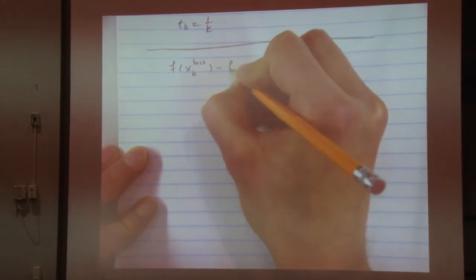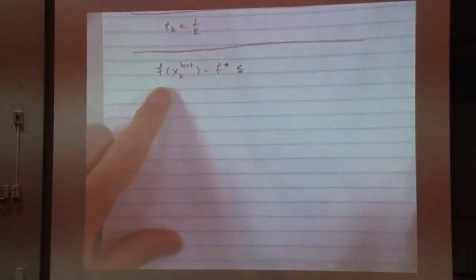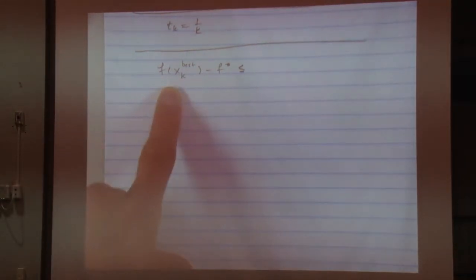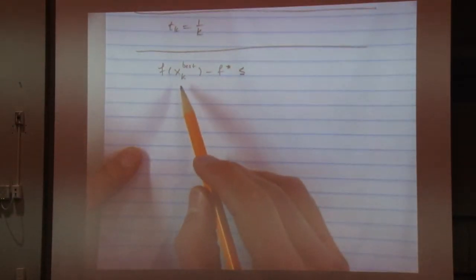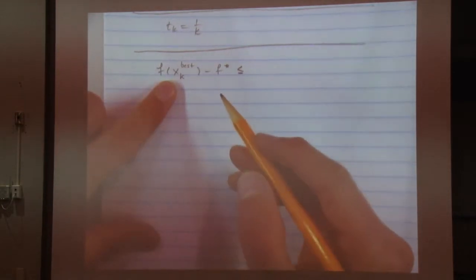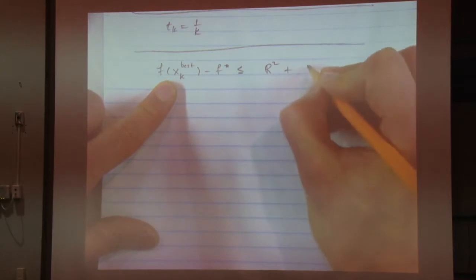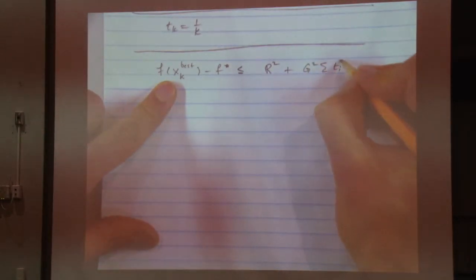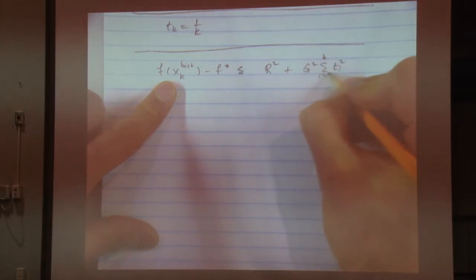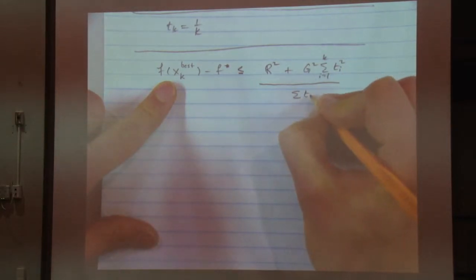We said that after k iterations, assuming that the criterion is Lipschitz, the difference between the best criterion value that we've seen so far and the optimal value is at most r squared plus G squared times the sum of the squared step sizes so far, divided by 2 times the sum of the step sizes seen so far.